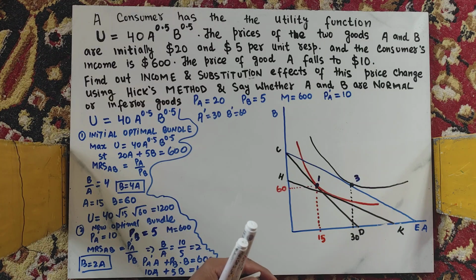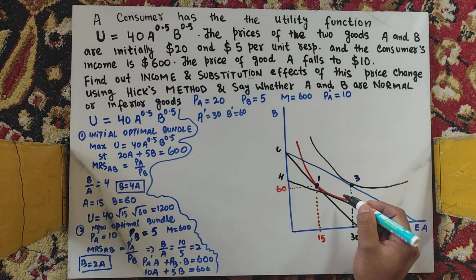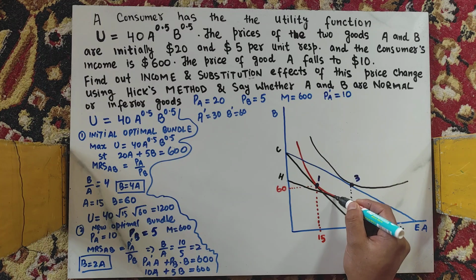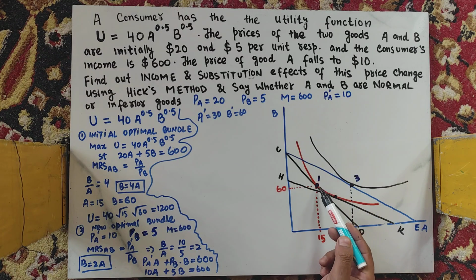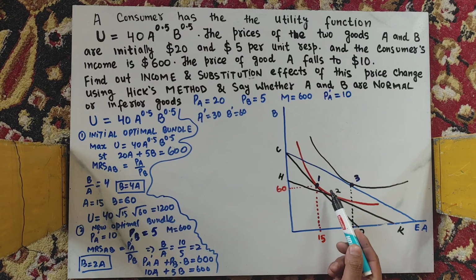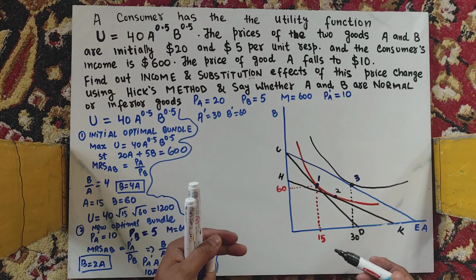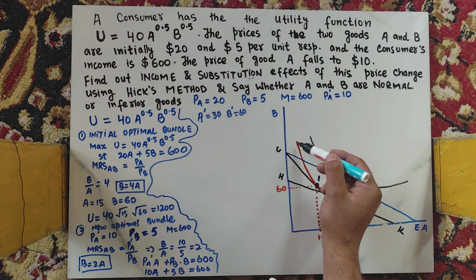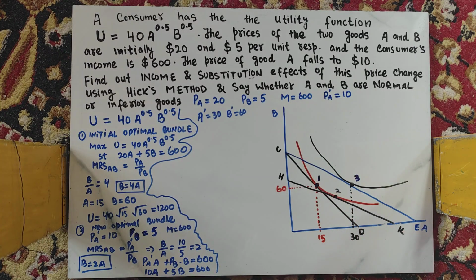We need to find this tangency point now. Let us say this is point 1, this is 3, and this is 2. The movement from point 1 to 2 will obviously be the substitution effect because the consumer is on the same indifference curve. This HK line is a fictitious budget line used only to decompose the price effect into the substitution effect.